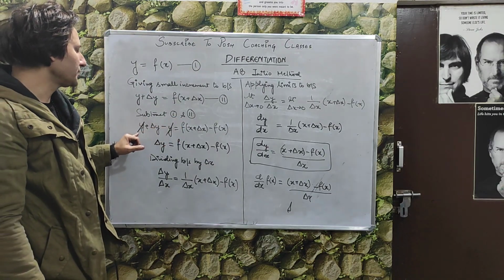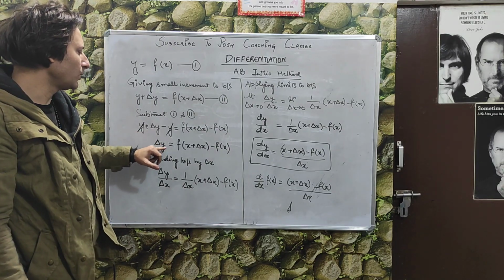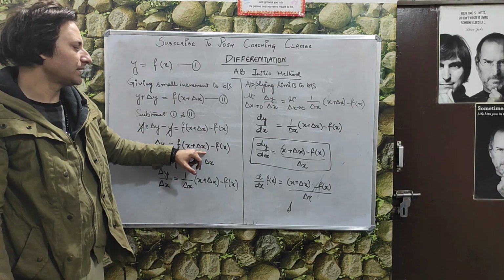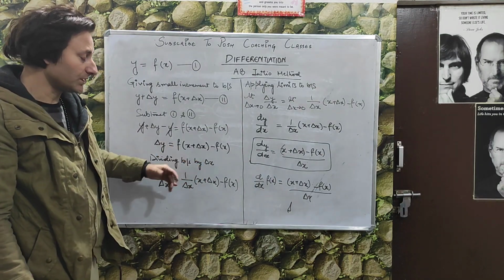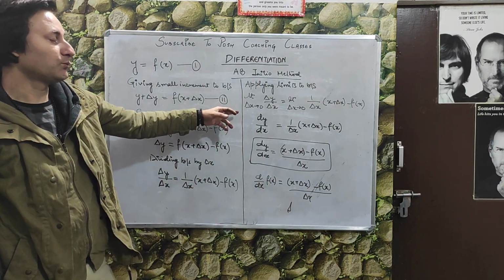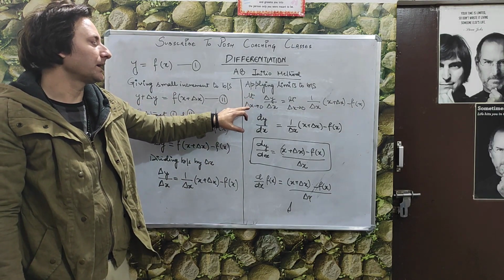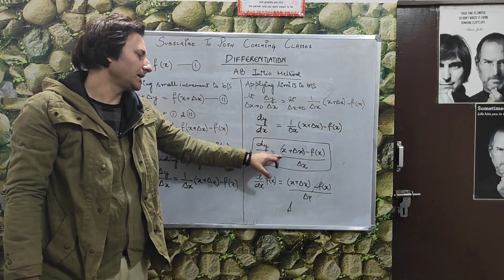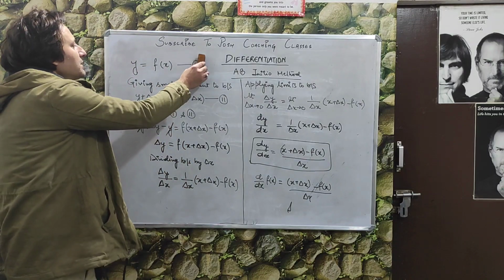One is positive y, the other is negative, so we cancelled it. We got delta y is equal to f of x plus delta x minus f of x. Then we divided both sides by delta x. What was the reason? Because we had to get this. Then after that we applied limits to both sides, and then we got the expression. Is that clear? So this finishes the first one.